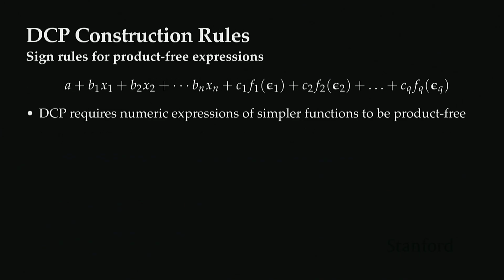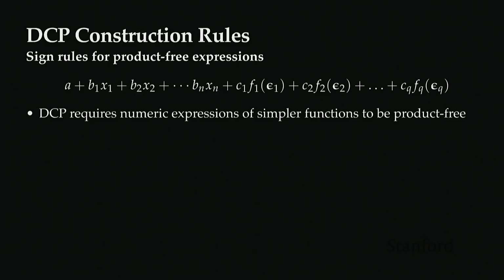Okay, so first up, sign rules for product-free expressions. Rule number 1 states that all expressions that go into other functions, as functions get composed together, have to be product-free. So they have to look like this. You can have things that are affine in your problem variables on the left, and then add together linear combinations of other functions where you know something about the convexity or concavity of those other functions.